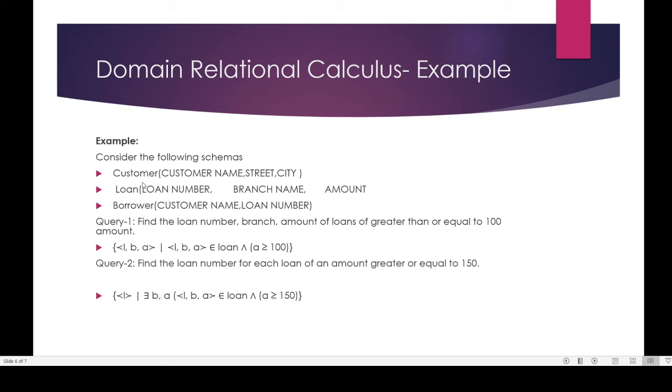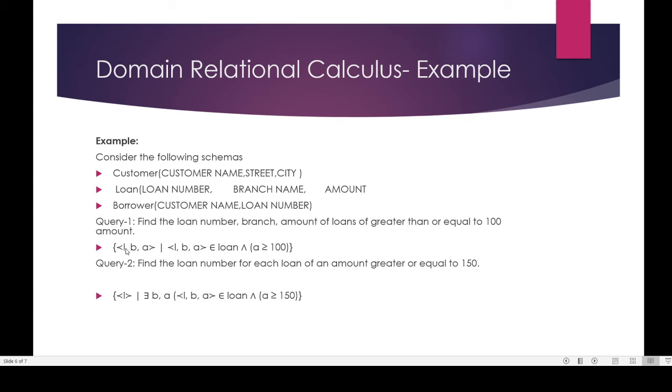Consider these three schemas: customer, loan, and borrower. Look at this query: find the loan number, branch, and amount of loans of greater than or equal to 100.